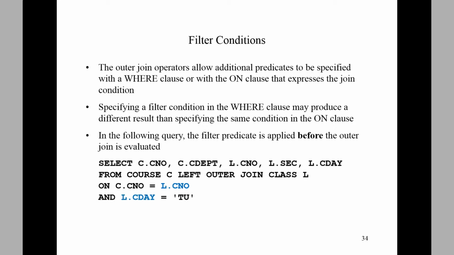However, inclusion of rows produced by an outer join does not mean that all rows will appear in the query result table. Rows produced by the outer join could be excluded from the result by filter predicates. The filter predicate that we're applying here is applied in the ON clause.